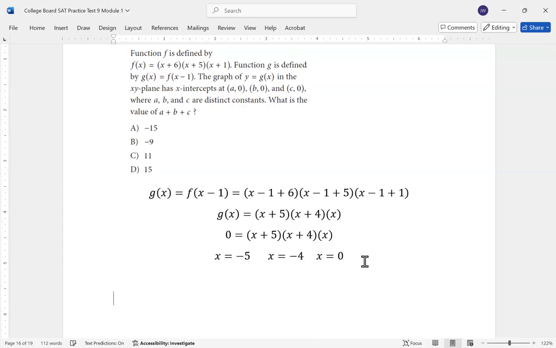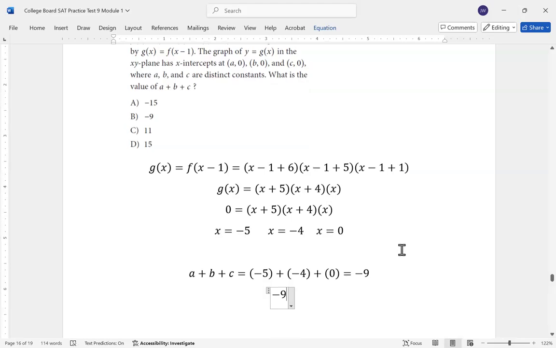And therefore, a plus b plus c is just negative 5 plus negative 4 plus 0, which gives me negative 9. And that is my final answer. Negative 9 is the correct answer to problem 22. And as we can see, that's option B. So B is the answer to question 22.